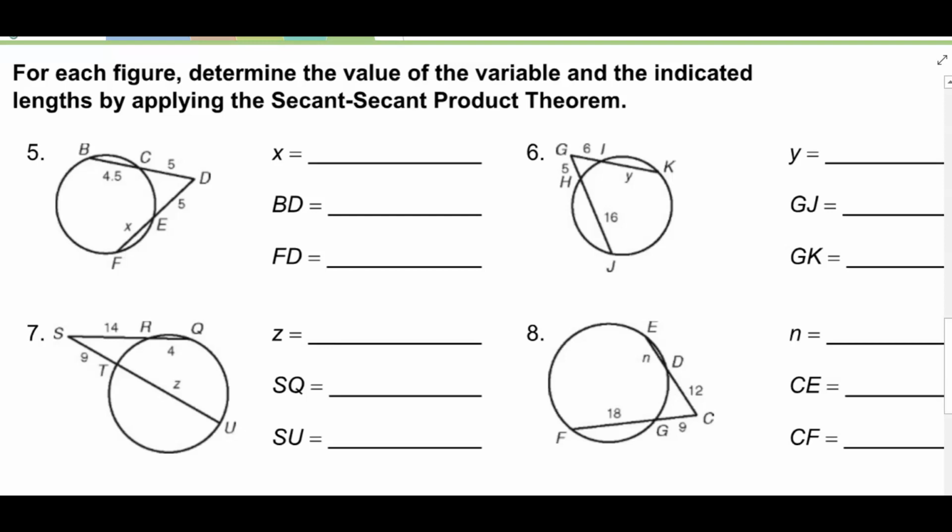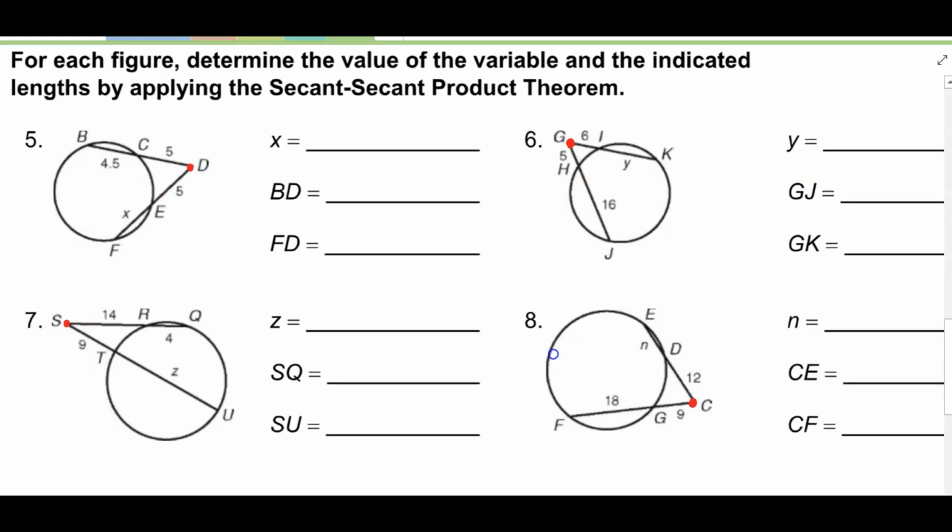So for each figure, this is the last thing that we needed to learn. Now when I have two secants or two tangents or one of each, whenever I have the situation where the vertex of my angle is outside of the circle, we're going to follow this rule. We're going to basically follow the same rule no matter what.